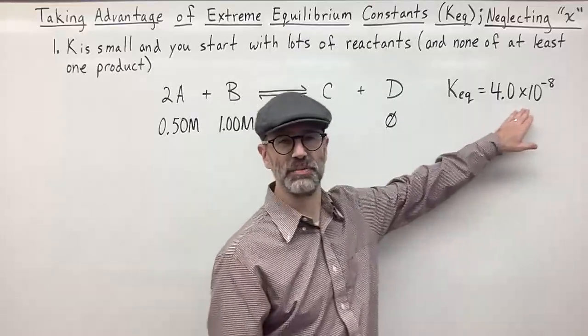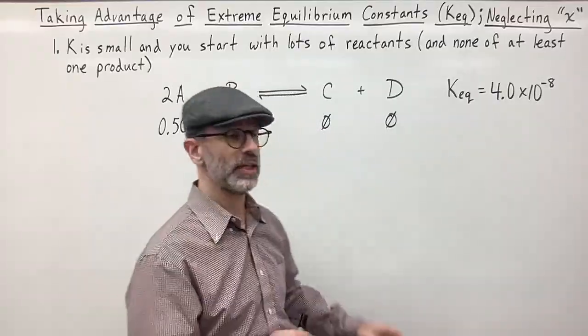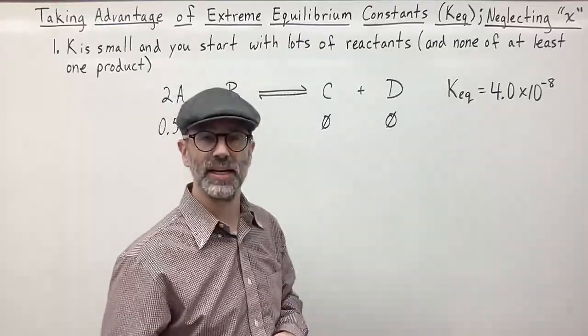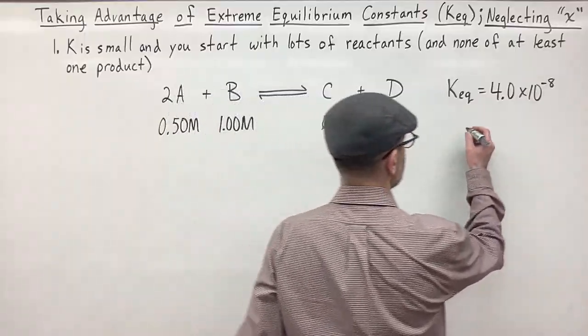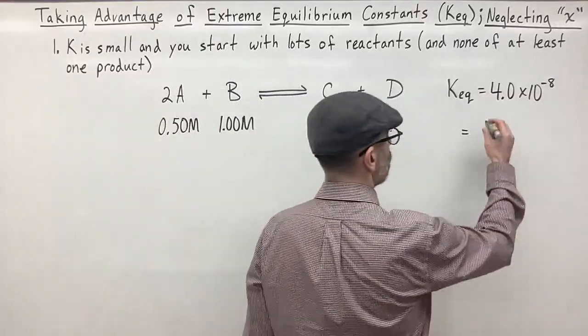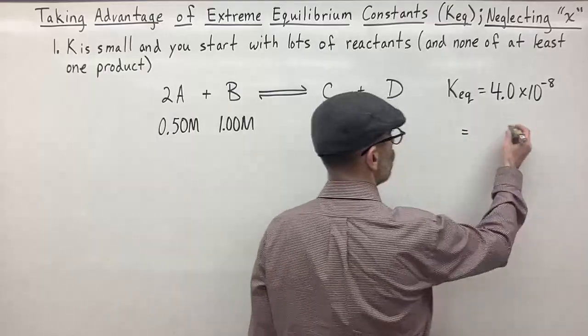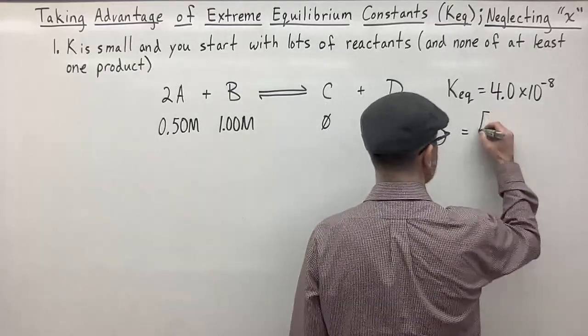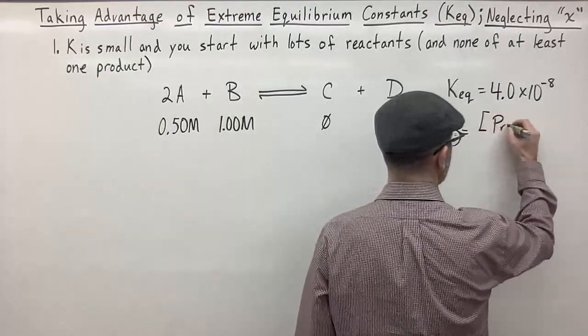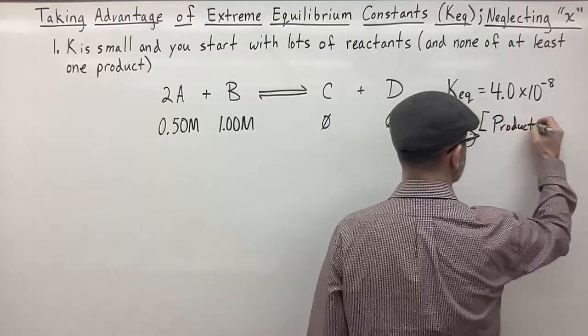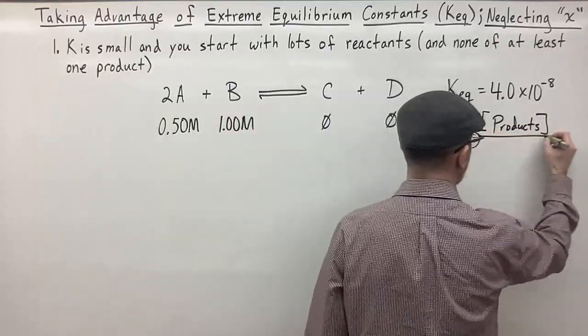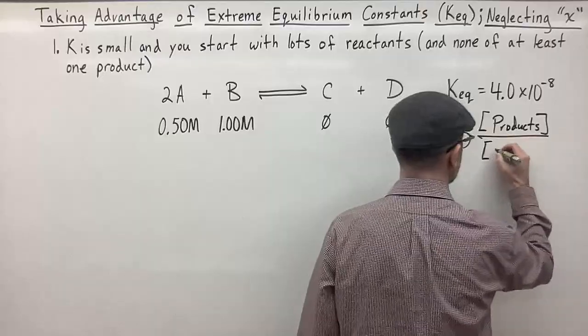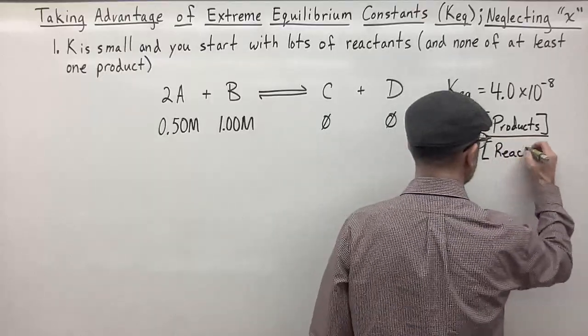So this is very small. Let's remind ourselves that the equilibrium constant is equal to the products over the reactants.